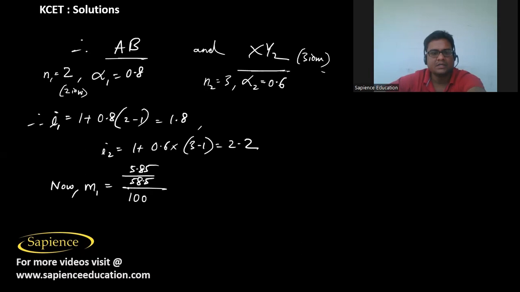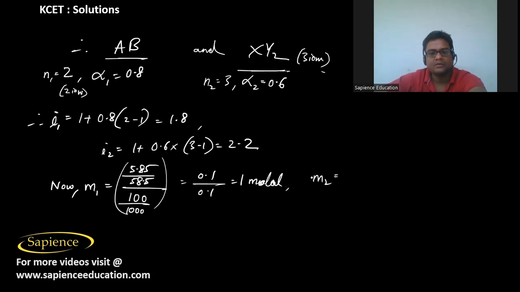It means 100 by 1000 kg. So this will be 0.1 divided by 0.1. So that is 1 molal. 1 molal solution is used for AB.